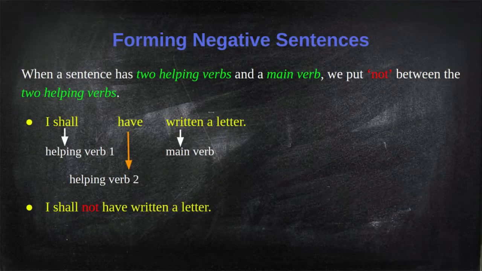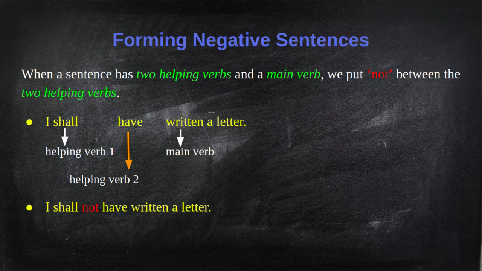If in the sentence we have two helping verbs and a main verb, in the previous point there was only one helping verb. But here, if you have two helping verbs, then write not, N-O-T, after the first helping verb. Here is an example: I shall have written a letter.